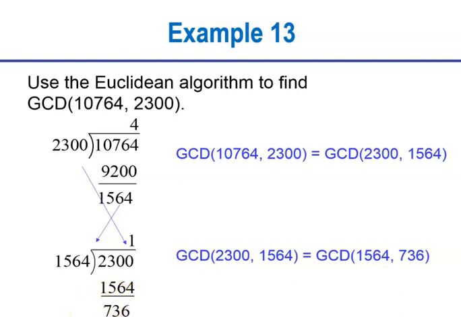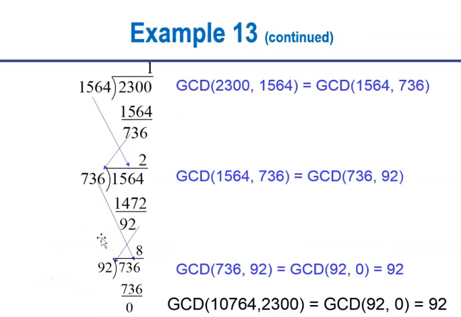We're going to put that remainder, 736, out front, and the divisor is going to turn into the dividend. So this is the next line. So again, this is the line we just looked at, by the way. The 736 now goes out front, and the divisor turns into the dividend, and we divide again. Notice the 92 goes out front, the divisor turns into the dividend, and look, we have a 0 remainder.